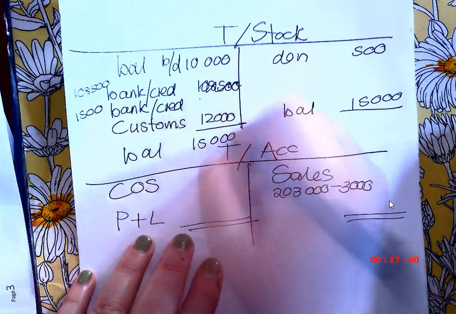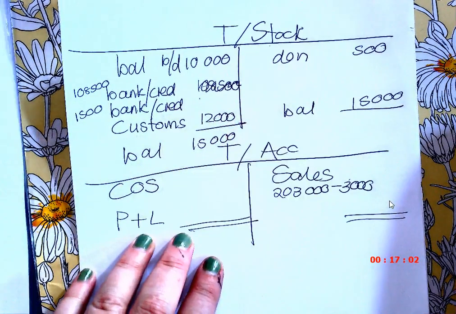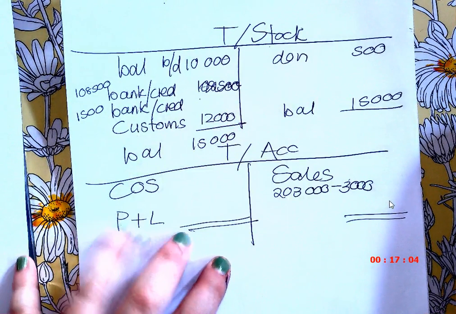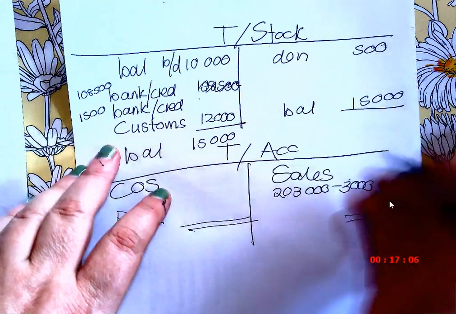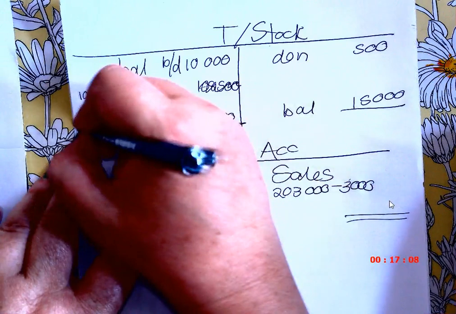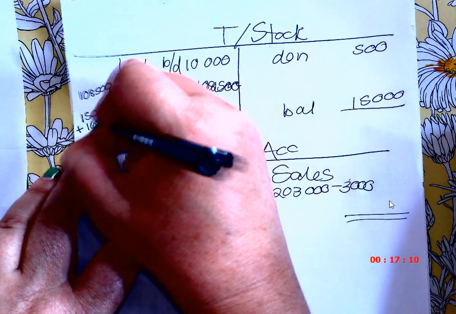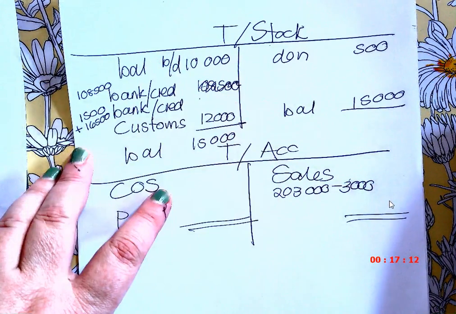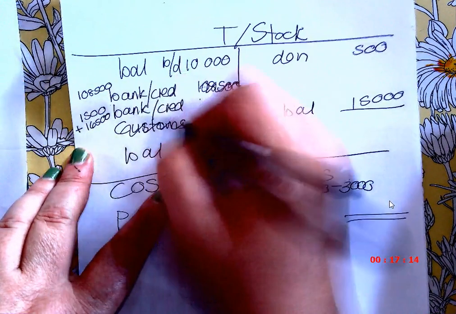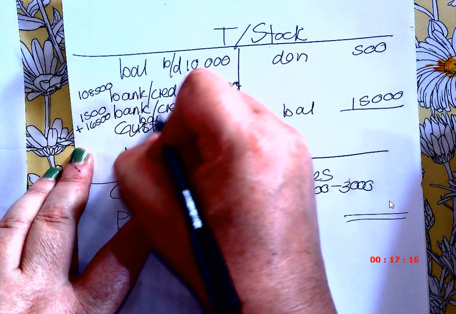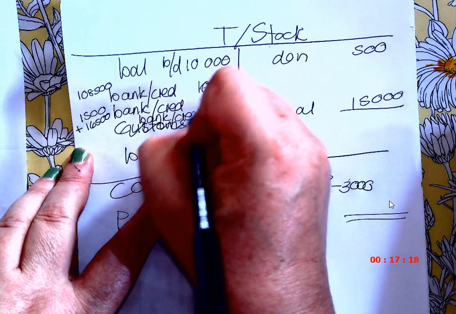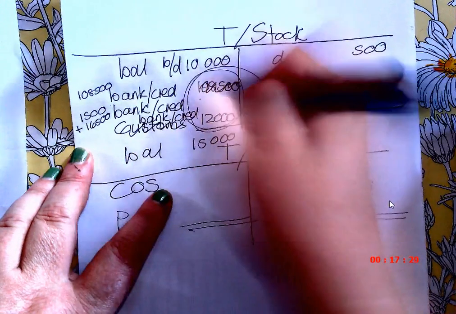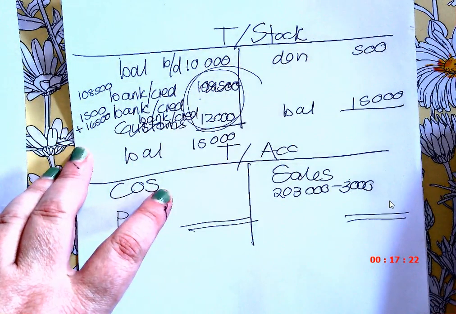There is an account for transport, which I will add. I will add 16,500. This customs, I won't write customs, I would actually also write bank or creditors. Can you see in the end, all of those amounts would be one amount, classified if I paid it cash or credit.